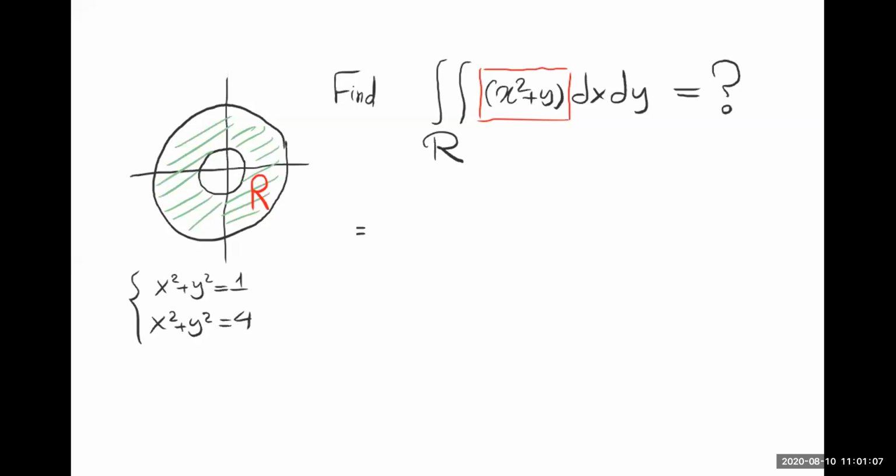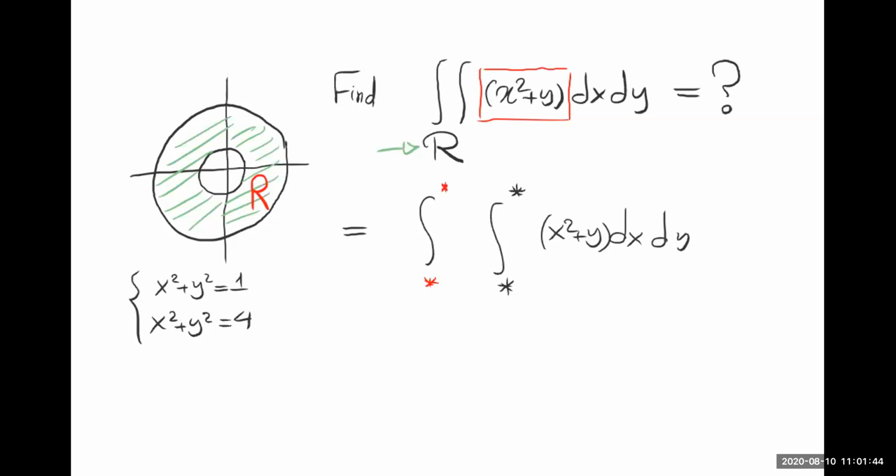It means, just like what we did before, we should compute this integral, but we should know the bounds for x and y based on this region R. This region is bounded by these two circles, so I should find the bounds for x and the bounds for y.